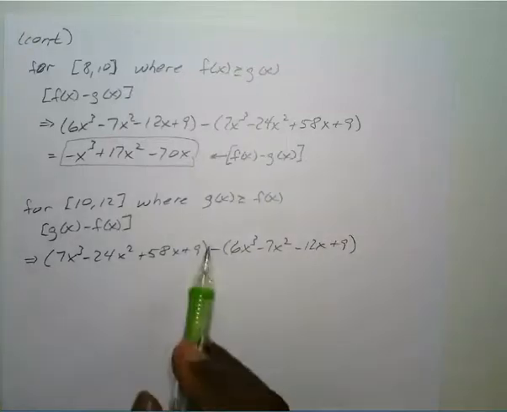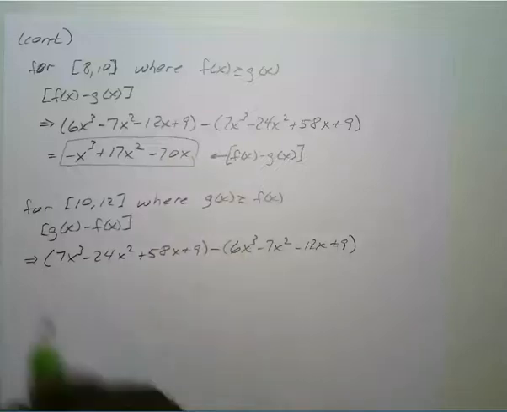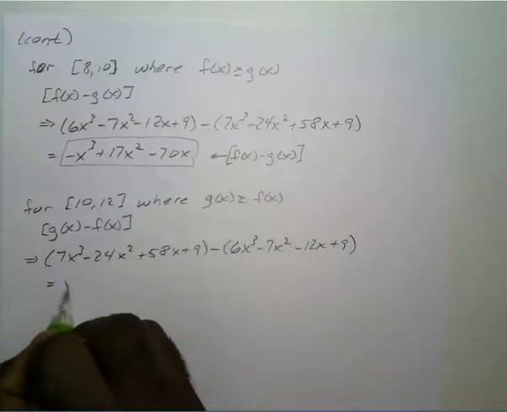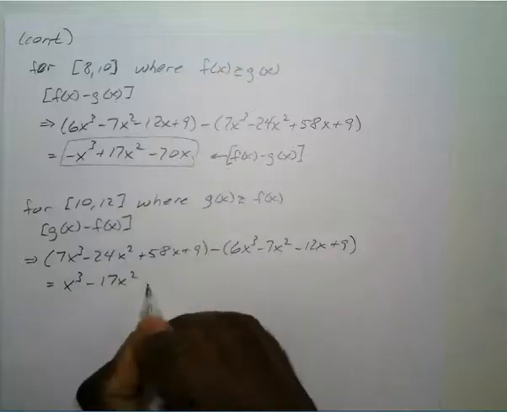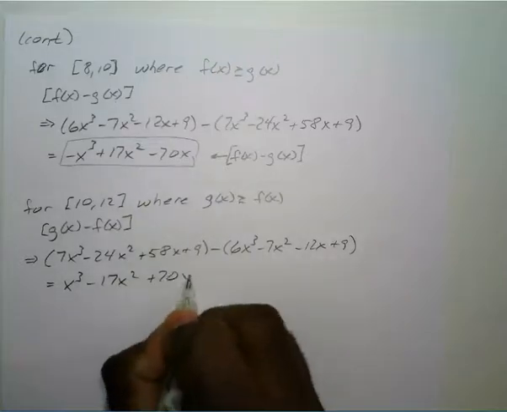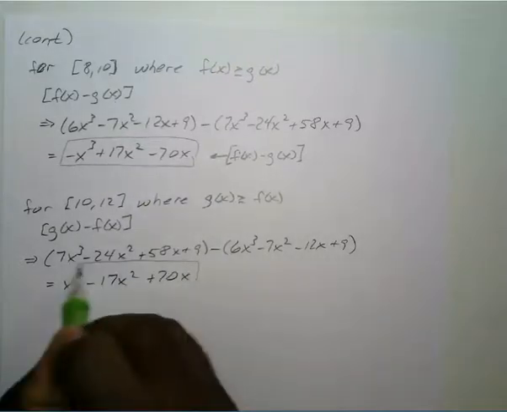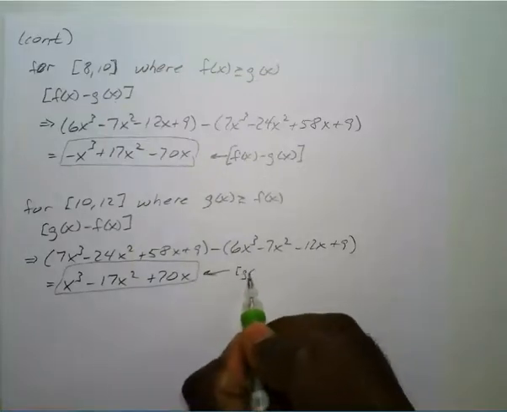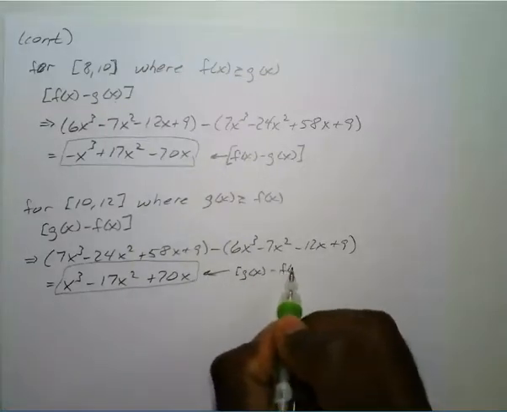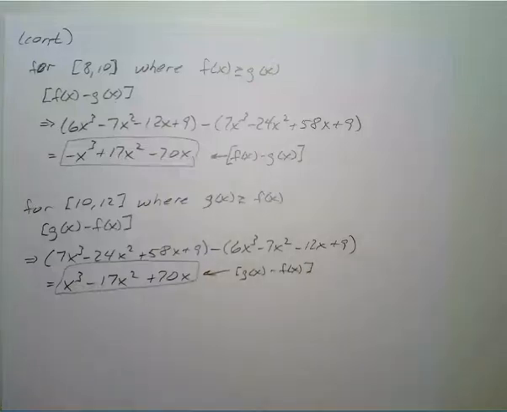Okay, and again, once we distribute our negative and combine all of our like terms, we end up with x to the third minus 17x squared plus 70x as our g of x minus f of x.